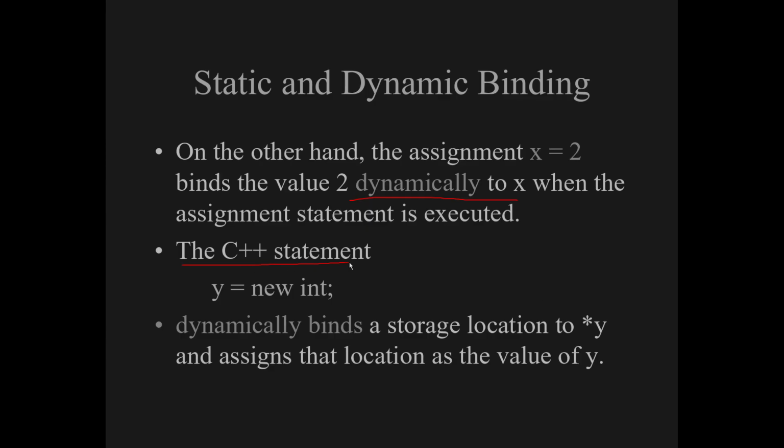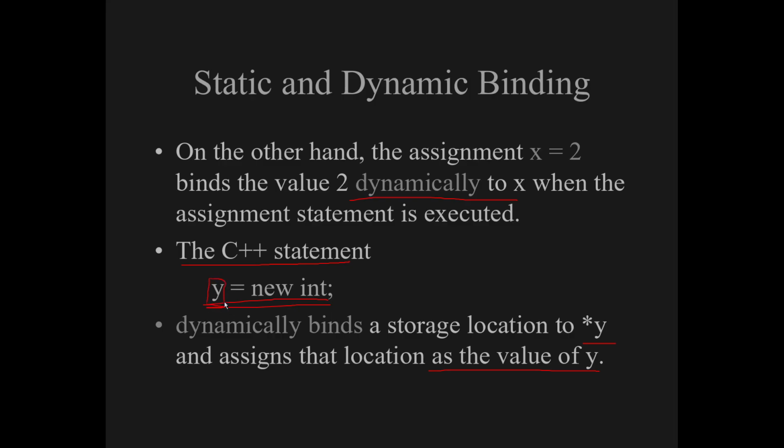The C++ statement y equals new int, which you've seen in data structures and algorithms, dynamically binds a storage location to star y and assigns that location as the value of y. So what's going to happen here when this is executed is that the C++ runtime finds an empty place in memory and takes the address of that place and associates it with the name y.